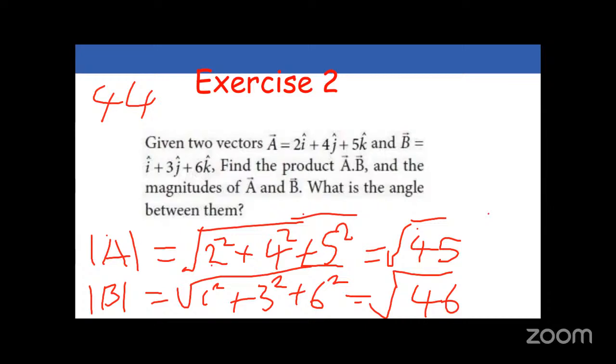Now, the next question is, what is the angle between them?